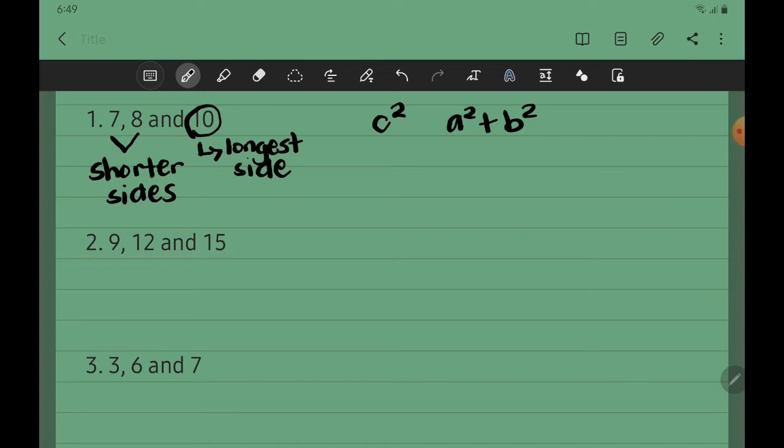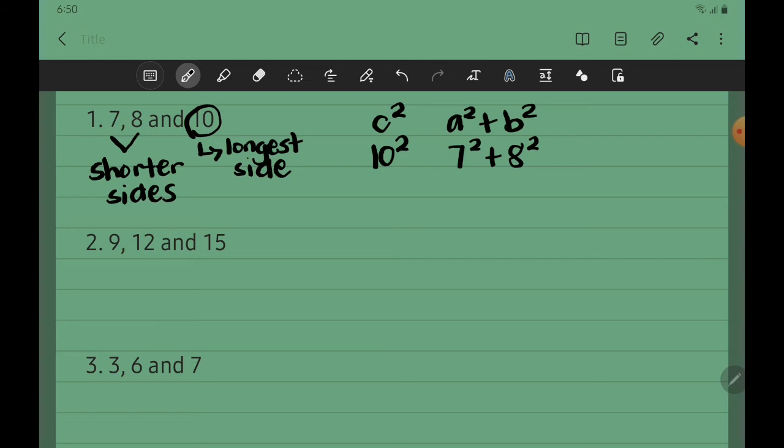Why is there no equals, greater than, or less than? We will put those symbols later on, after we solve the given measurements, to find out whether they are equal, less than, or greater than. So, our shorter sides are 7 and 8. So, we're going to have 7 squared plus 8 squared. Because our A and B are the representation of the shorter sides, and the letter C is the representation of the longest side. So, we just substitute 10 for the letter C. So, we're going to have 10 squared.